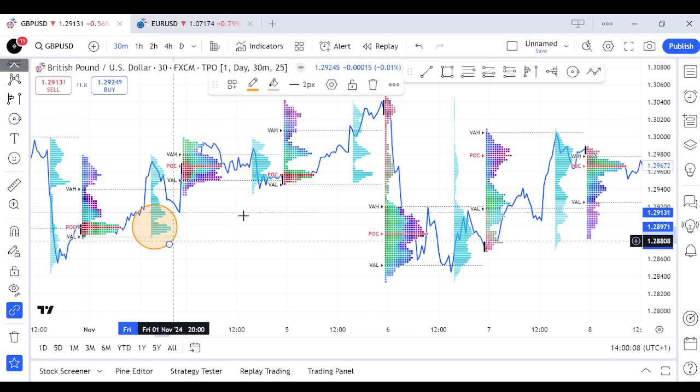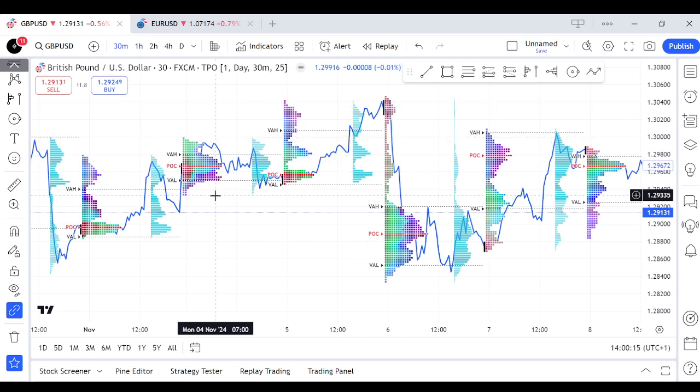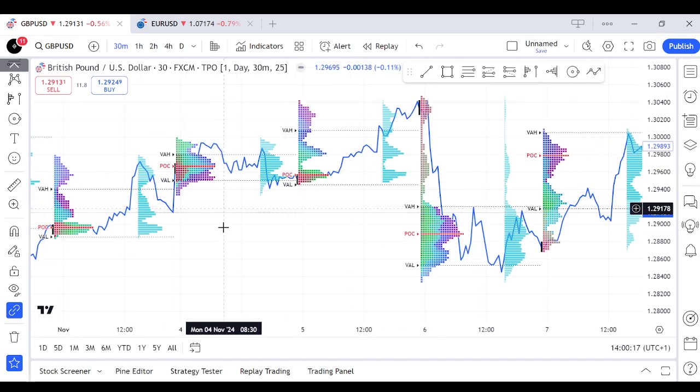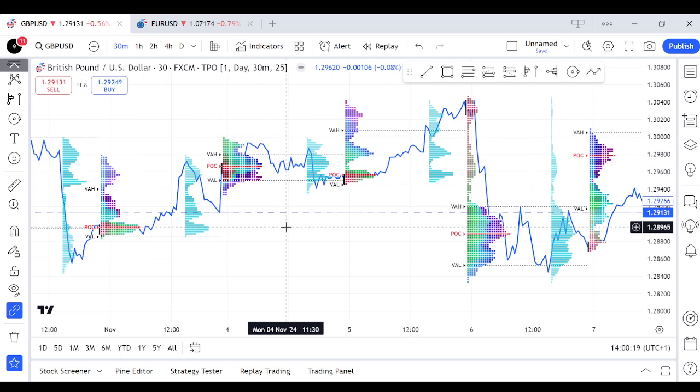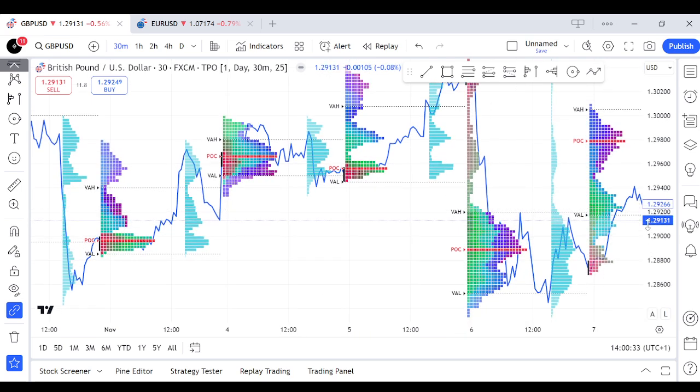So let me explain other key components of the market profile. We have the point of control. The point of control is a critical reference point in the market profile. It is the price level with the highest trading activity during a given period. The point of control is this in red. Let me zoom in.